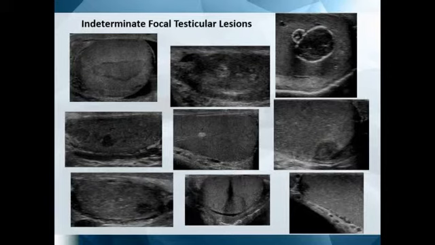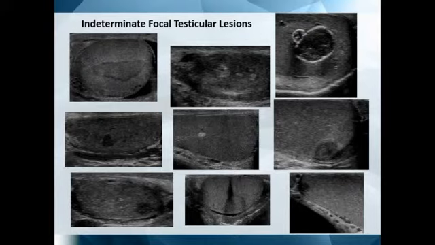And the more ultrasound that's done, the more often you're going to find these lesions. And what do you do with these lesions? Do you leave them? Do you subject these patients to surgery? Do you do testes-sparing surgery? Can you make a better diagnosis of what you're looking at by getting all the parameters of ultrasound together? Ultrasound is the best modality for looking at superficial structures like a testicular tumor.